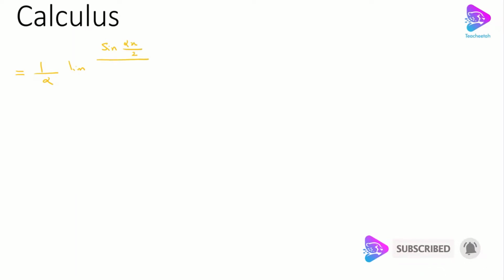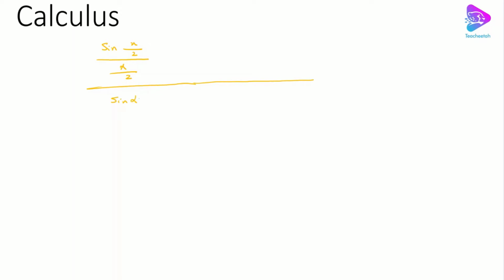Let's go to the next page. What we will have at the end is going to be in the form of 1 over alpha times the limit of sine of x over 2 over x over 2, over sine of alpha x over 2 over alpha x over 2, and then the limit, 1 over alpha, as x approaches 0.